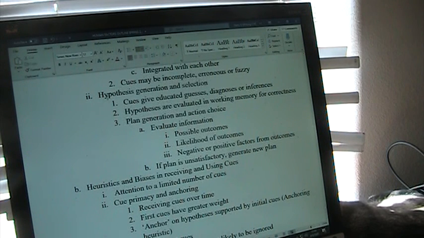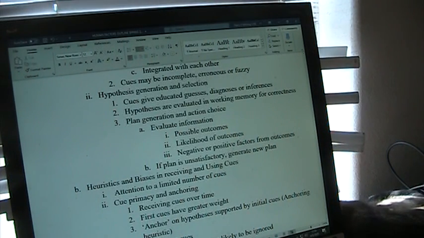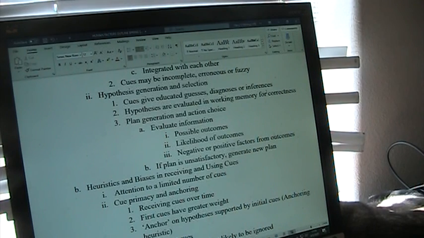Then we have to do hypothesis generation and selection. So our cues are giving us educated guesses, diagnoses, or inferences, right? So we're trying to take those cues in and form our hypotheses based on that.